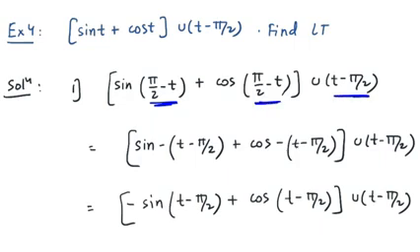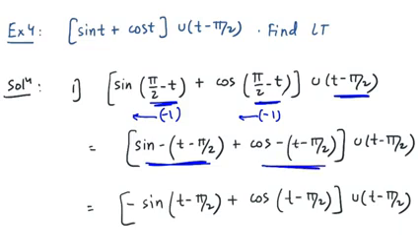But the requirement is t minus pi by 2. Then what you have to do, just take minus 1 outside this bracket, and here also minus 1 outside the bracket. If you do that, it would be sine minus of t minus pi by 2 and cos minus of t minus pi by 2. You are just taking the minus outside. And once you do that, now again we have one more trigonometry relationship.